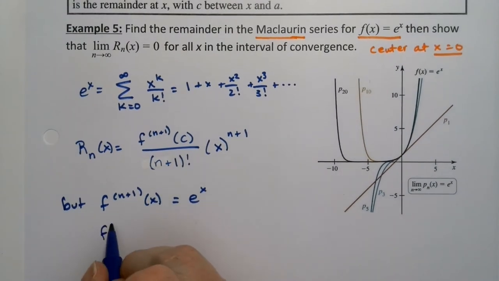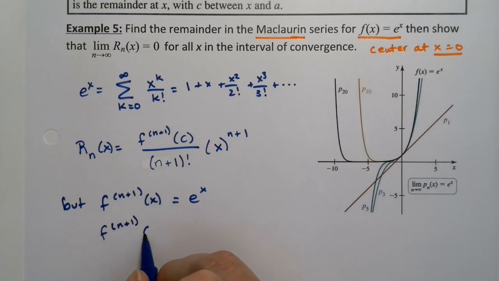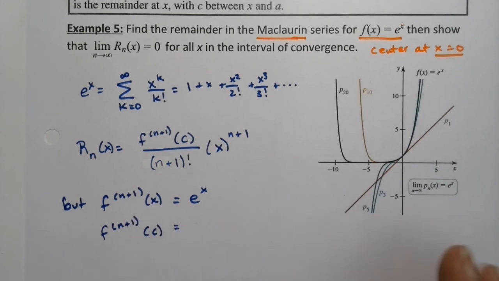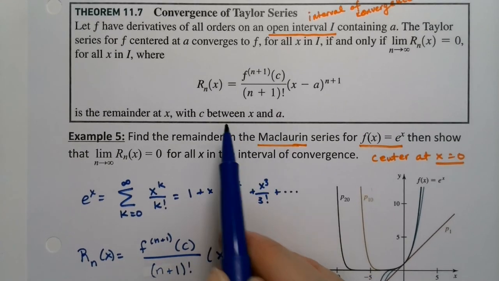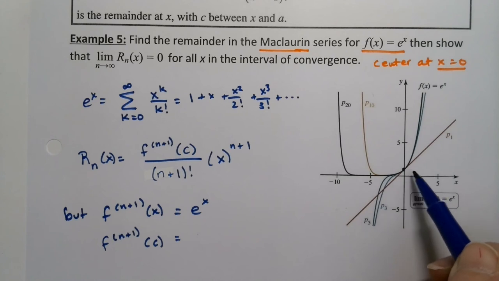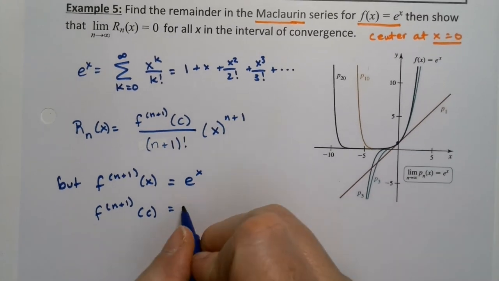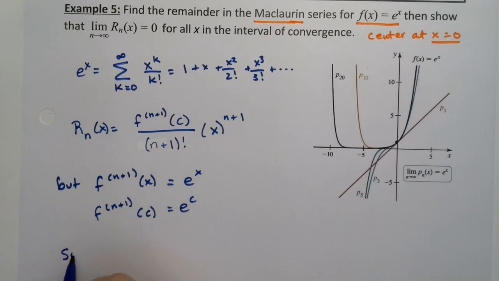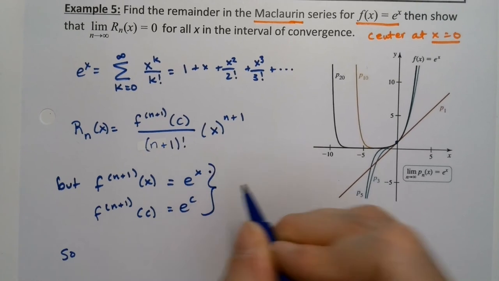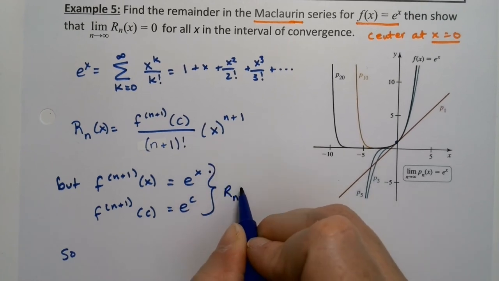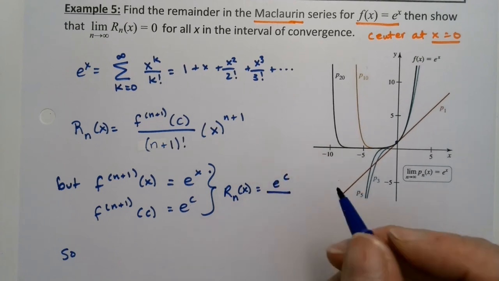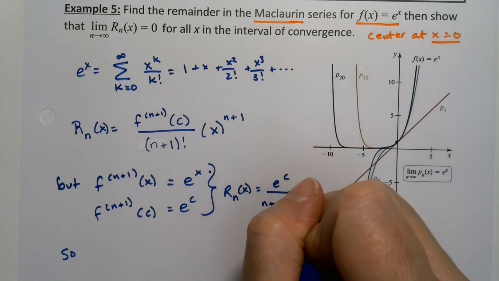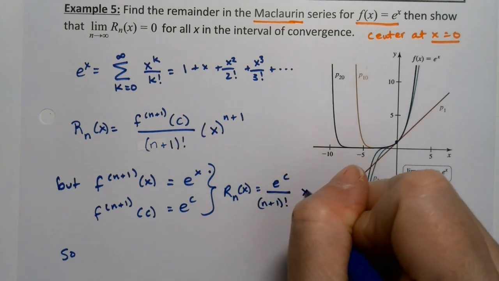So that means that the n plus 1th derivative at some constant c, right? And c has to be basically between wherever your x value is and your center. So, if your center's right here, it's got to be somewhere between that and whatever x value you're specifically looking at. It would just be e to the c. So this means that Rn at x is equal to e to the c over n plus 1 factorial times x to the n plus 1.